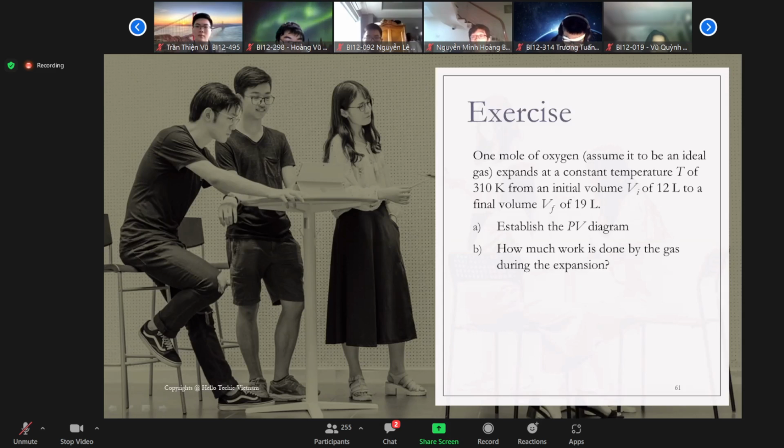First, we need to establish the PV diagram. The PV diagram is very useful for solving questions related to gas. Then we have to calculate the work done by the gas during the expansion.